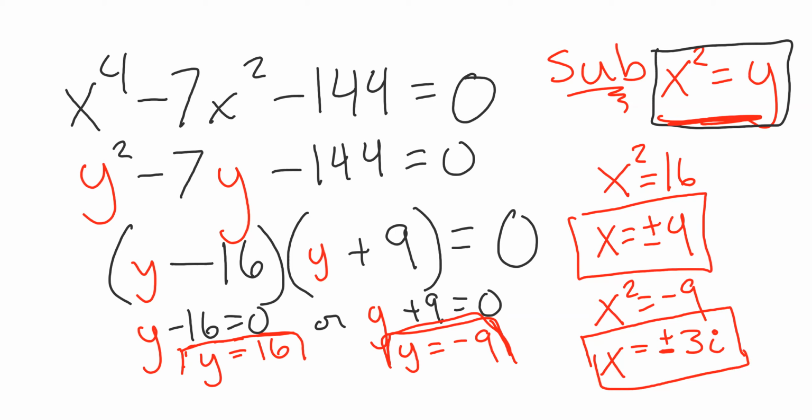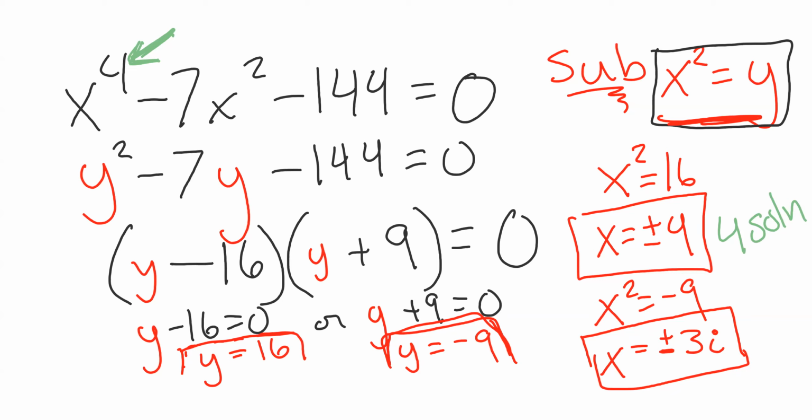So what do we have here? We have 4 solutions, right? We have +4, -4, +3i, and -3i. It makes sense to have 4 solutions when we have a 4th degree equation. Okay. So here we used substitution to make a higher degree equation perform like a quadratic so that we could use the quadratic methods.